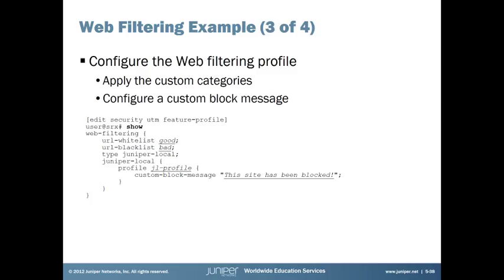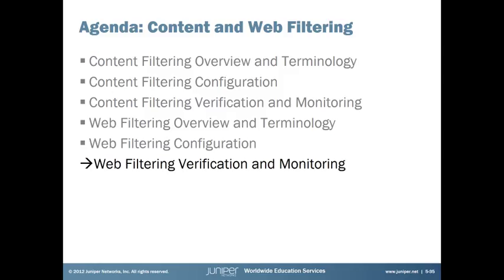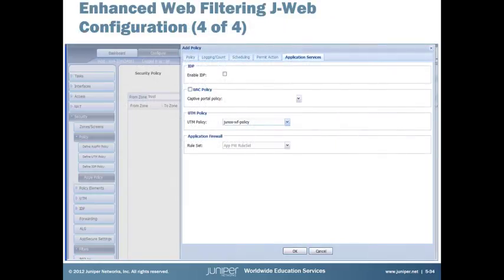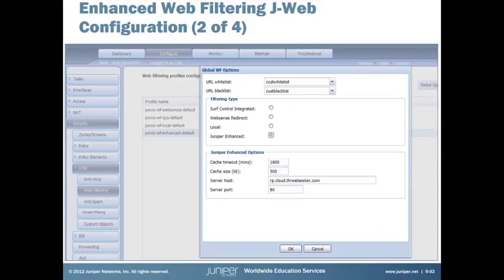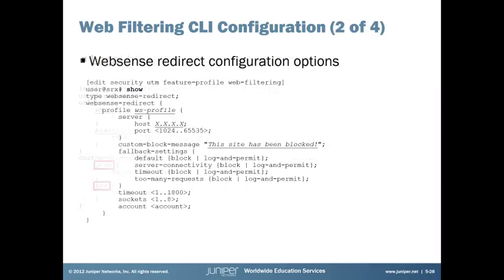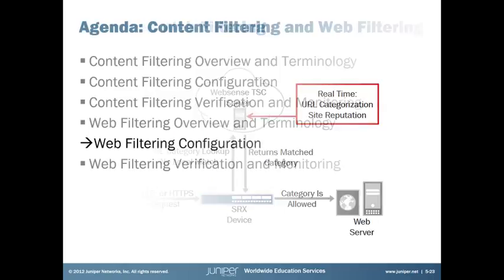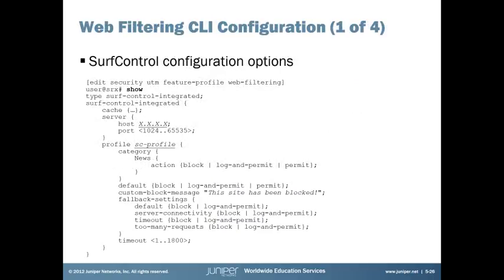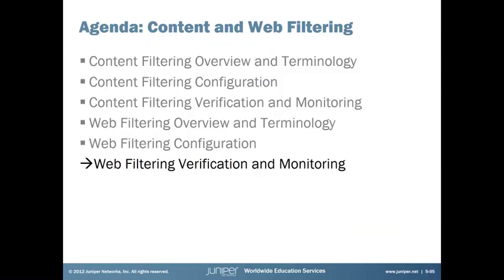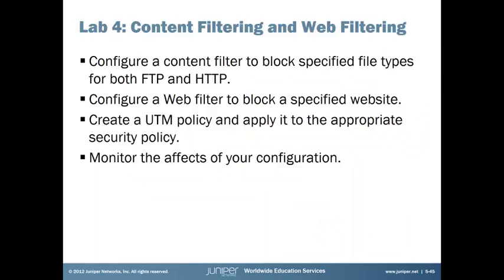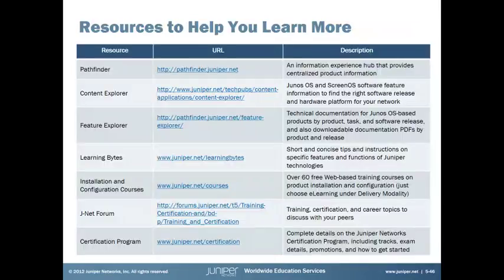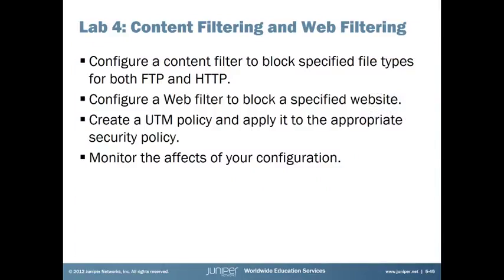We have got enhanced web filtering requires a license, as does surf control also requires a license. So both of those require a license. Enhanced and surf control. Okay. All right, and you're going to do a lab on that.